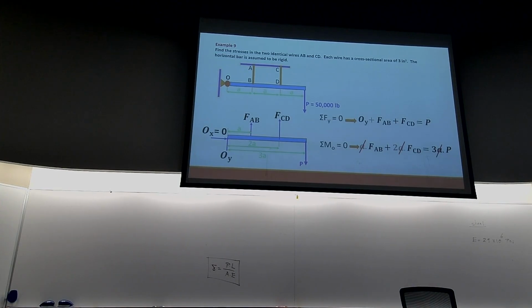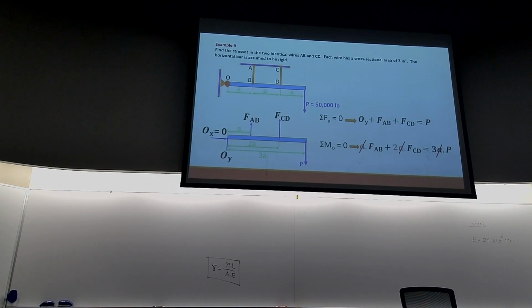They are both in tension. But which one stretches more? CD, right? How much more? Twice as much, because it's twice as far from the pin.